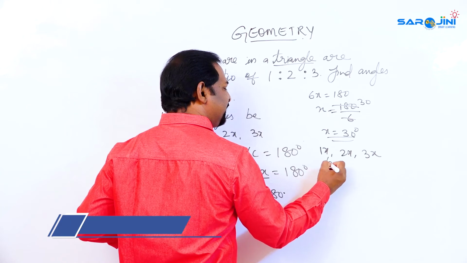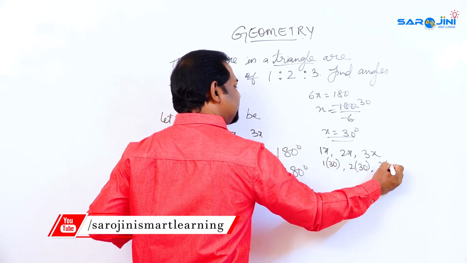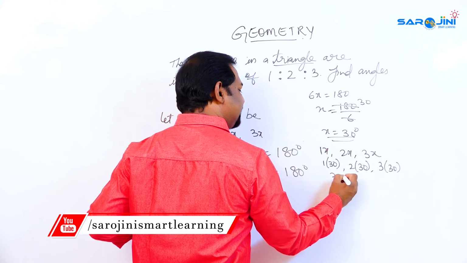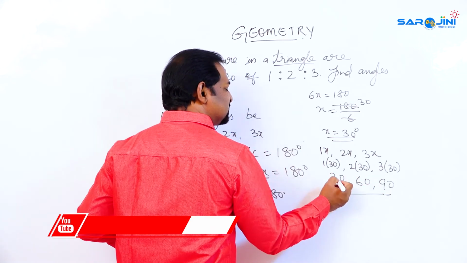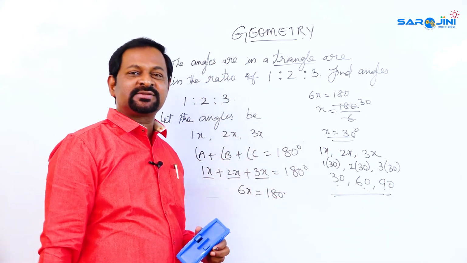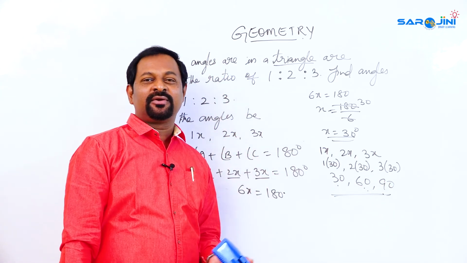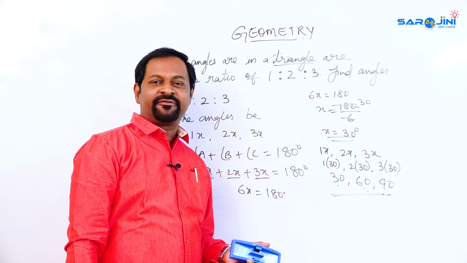So 1x means 1 into 30, 2x means 2 into 30, 3x means 3 into 30. That is 30, 60, 90. If you add 30 plus 60 is 90, 90 plus 90 is 180. So in this way, even if the question is given in ratio, we can find the angles.